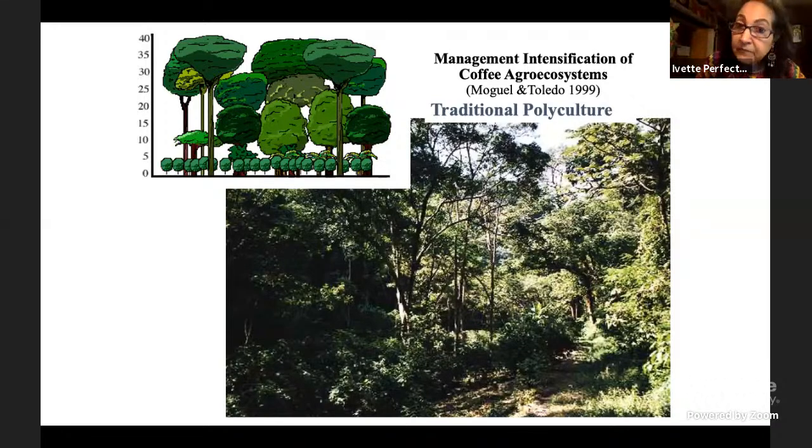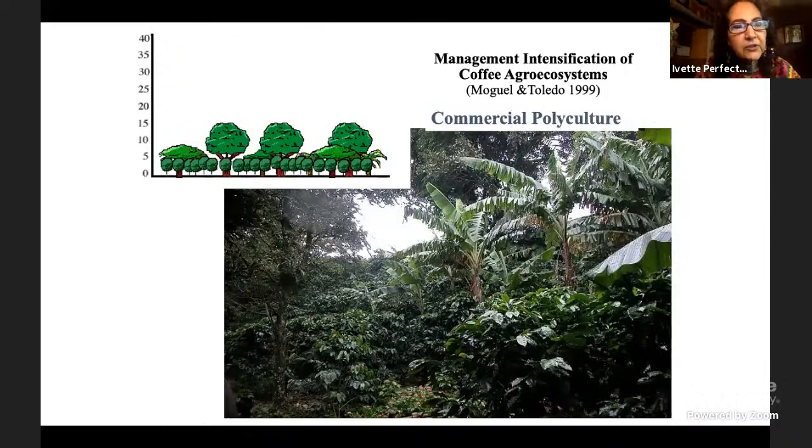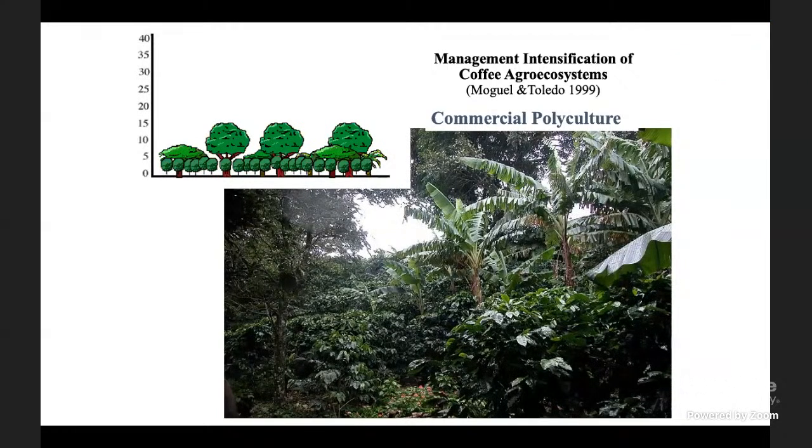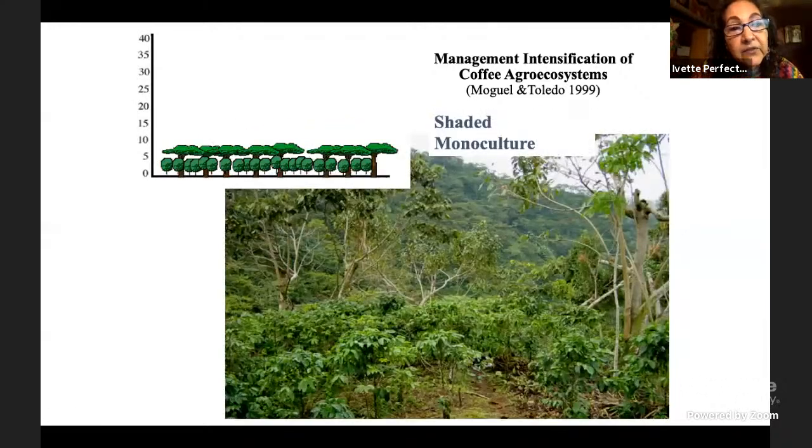and a relatively high density of shade trees. To the commercial polyculture, which has less diversity and less density of trees, but still some diversity there, usually fruit trees and things like that, to what is called the shaded monocultures, which are systems like these that have shade trees, but not in very high densities, and also usually one single species of shade tree.